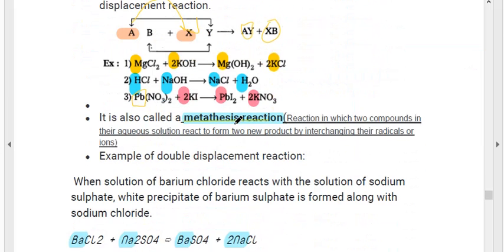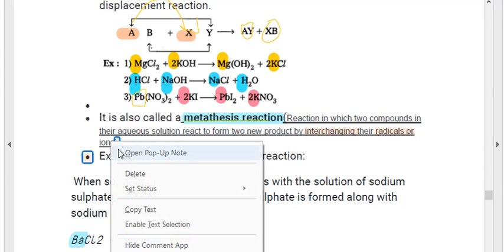Here it is written: metathesis reaction is a reaction in which two compounds in their aqueous solution react to form two new products by interchanging their radicals or ions. See, this is the main important phrase.